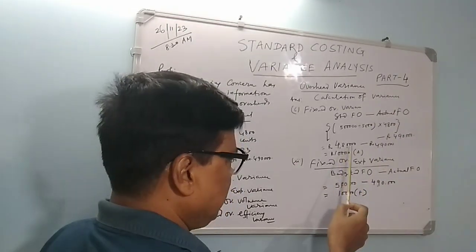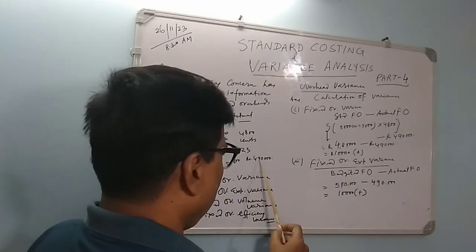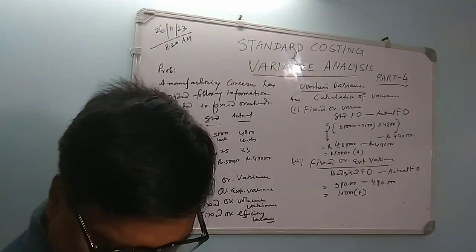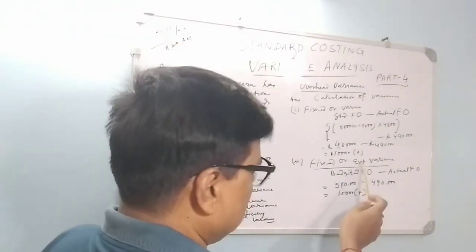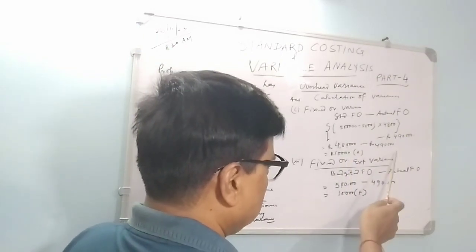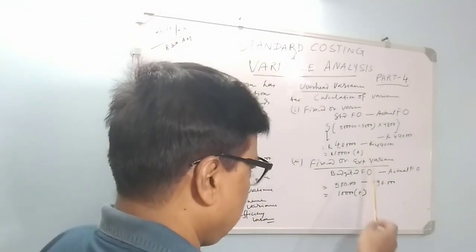The resultant figure will be your standard fixed overhead, and the actual fixed overhead is already given in your problem. So you can see here that your standard fixed overhead comes to rupees 4,80,000 and actual fixed overhead comes to 4,90,000.